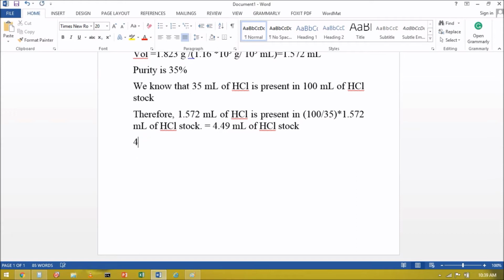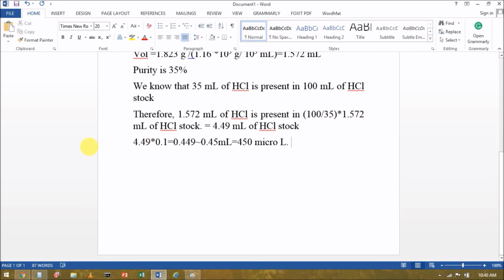So that will give you 0.449, almost 0.45 milliliter, or equal to 450 microliter. So that's the final figure.